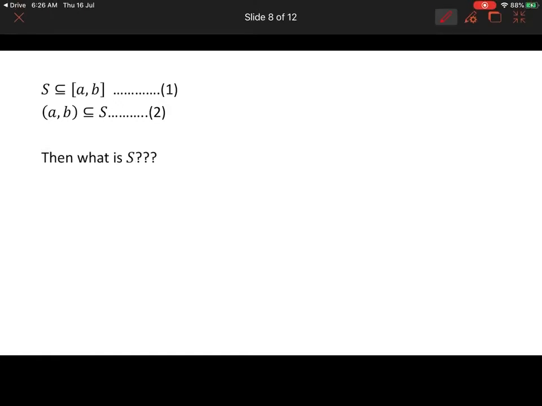So now we have S is a subset of the closed interval AB, and the open interval AB is a subset of S. Then what is S?